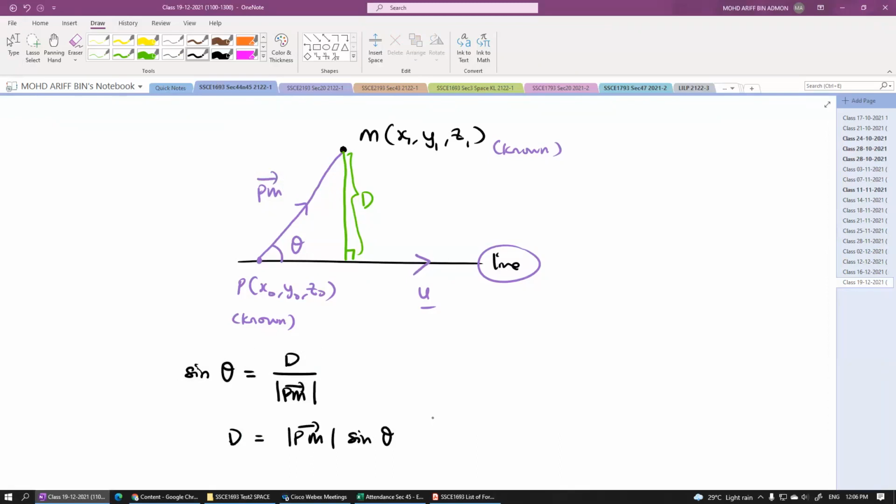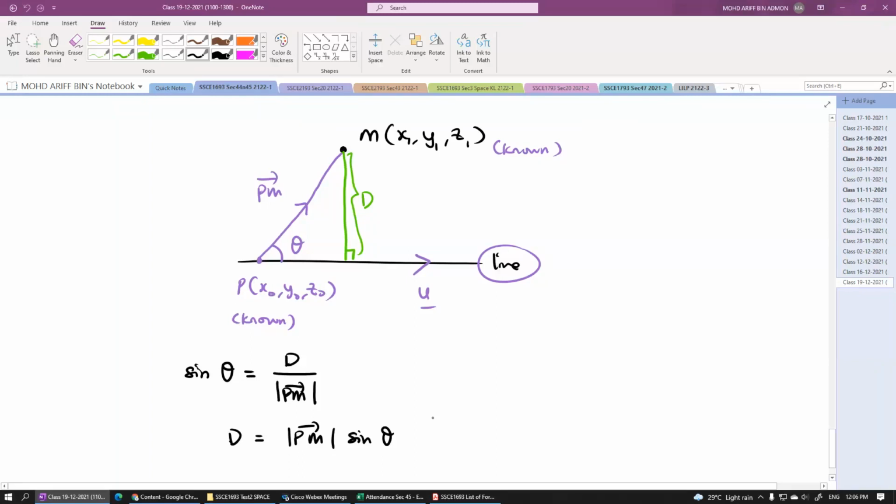How about if you don't know your theta? Remember, between dot and cross, as I mentioned last time, in our application we always use dot or cross. Between the dot and cross products, which one has sine theta in the formula?